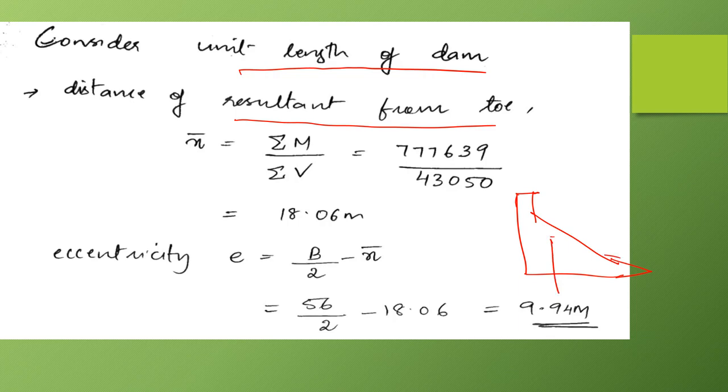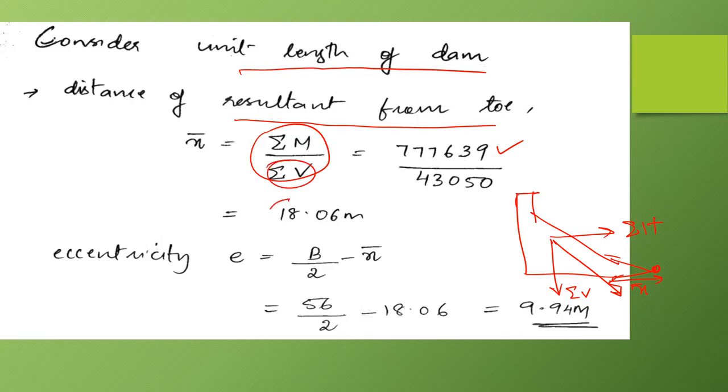For that, if this is the sum of horizontal forces and this is the sum of vertical forces, and if this is the resultant, this is x bar, this distance from the toe, and that is obtained as sigma M by sigma V. Sigma M we have found out earlier in the previous table, that is 777,639, divided by sigma V, also obtained from that table.